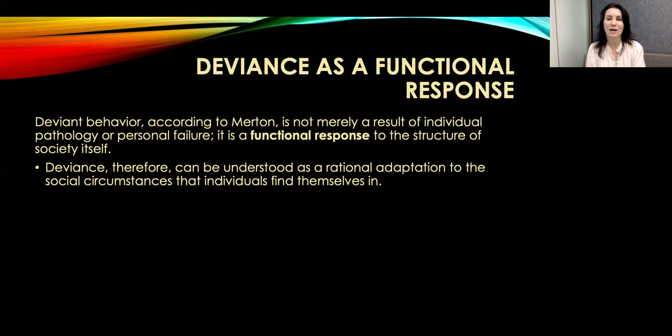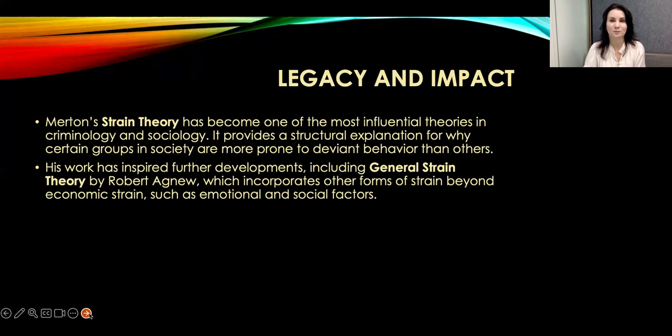However, over time, as we said, norms are fluid, they can be changed. As more deviance happens, it will slowly become a norm, which we will be talking about in our next classes. So Merton's strain theory has become one of the most influential theories in criminology and sociology.